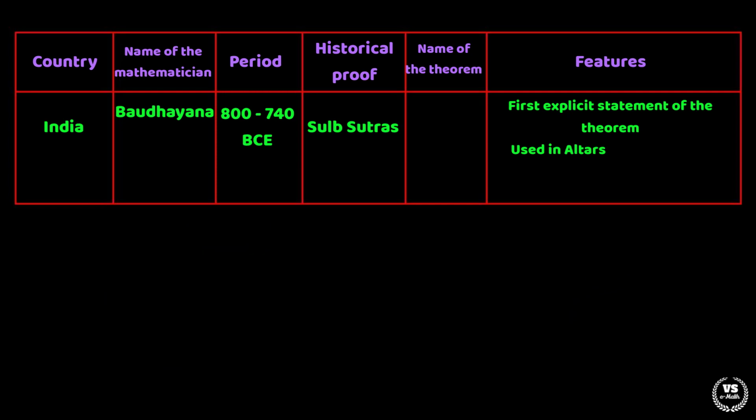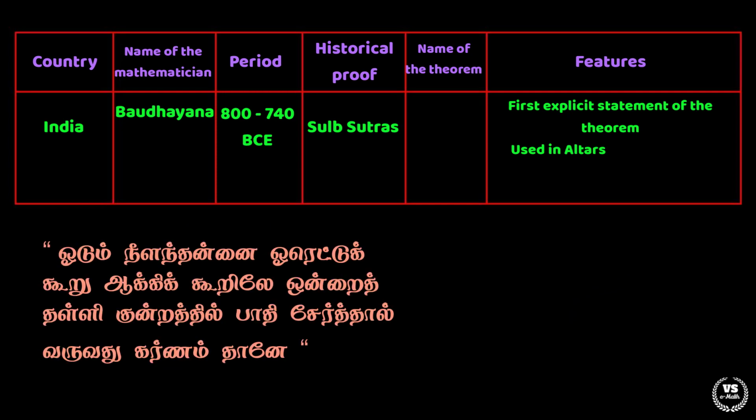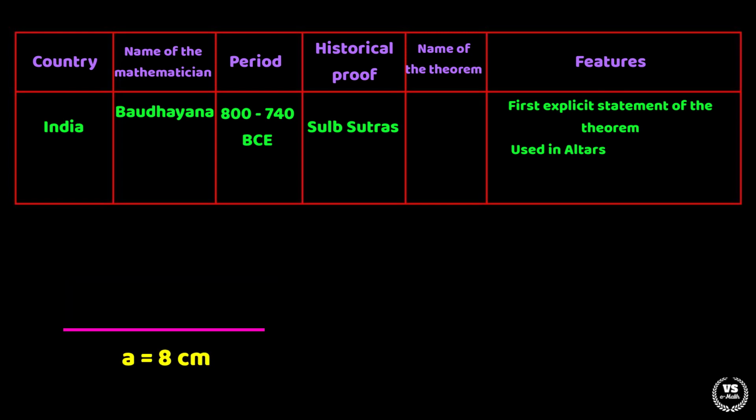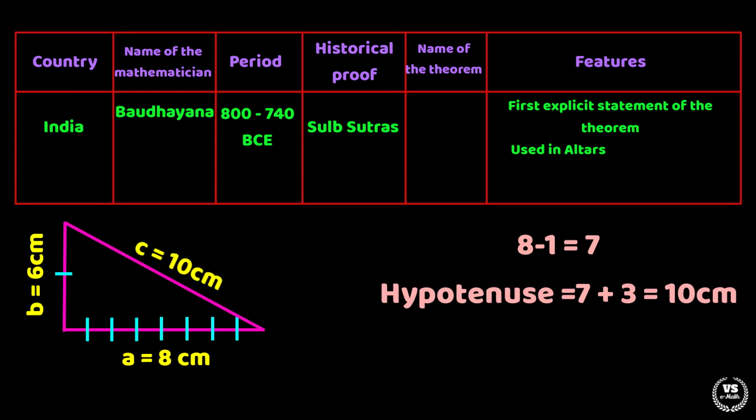There is a Tamil version of this rule which runs as follows. It means that divide A into 8 parts and subtract 1 part from it. If you add half of the height, you will get the hypotenuse. The simplicity in the theorem is really amazing.